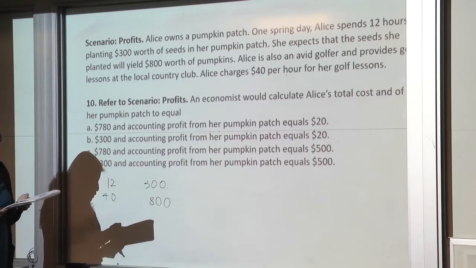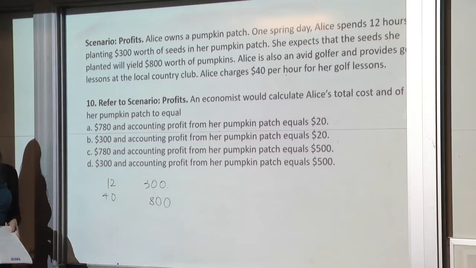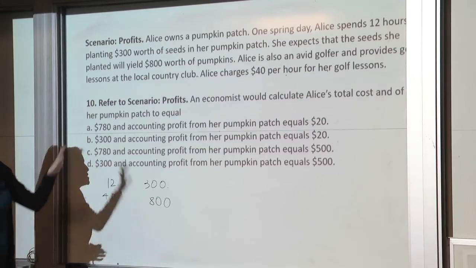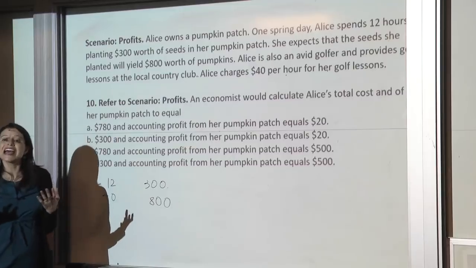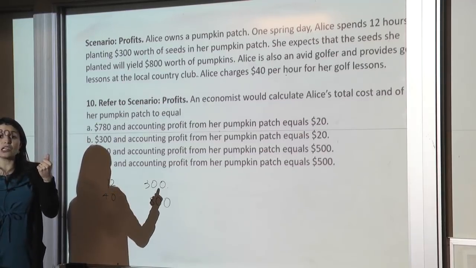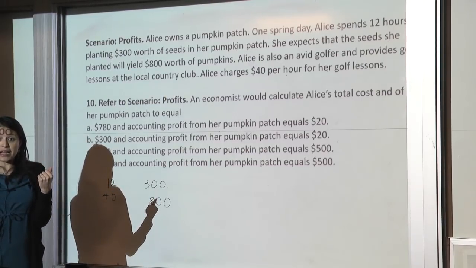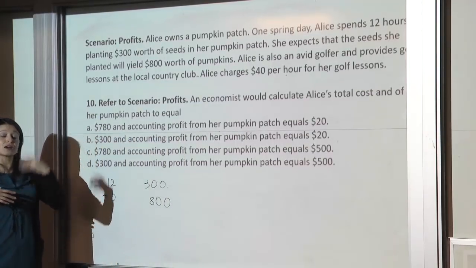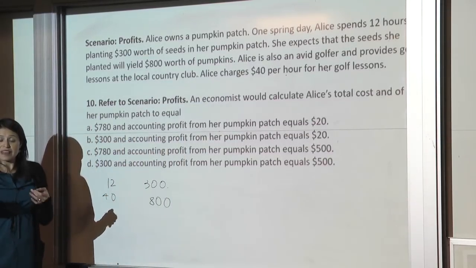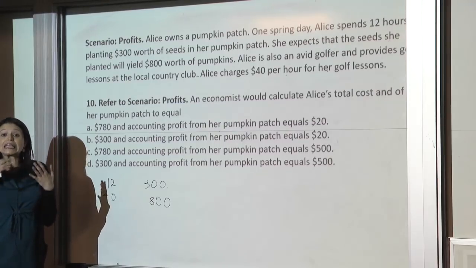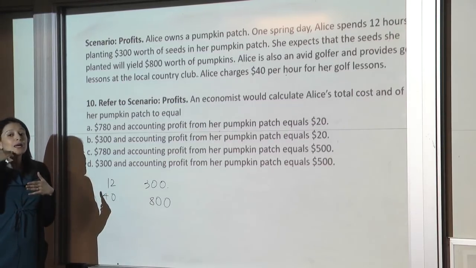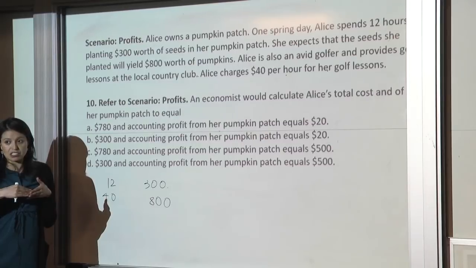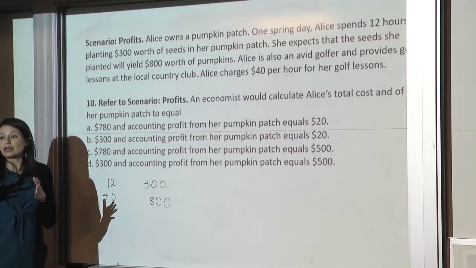Okay, how do we do this? What is the total cost? What is this question about? Total cost has two things, explicit cost and implicit cost, right? And you have also two components, economic cost and accounting cost. The economic cost usually includes implicit cost and explicit cost, and the accounting cost only includes explicit cost, okay?